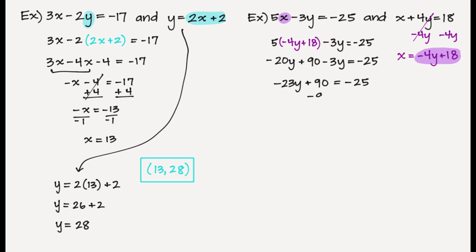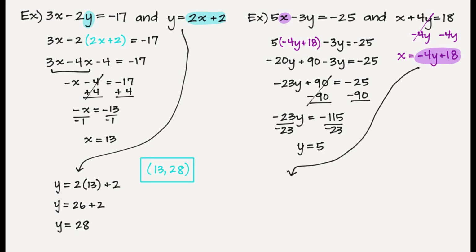I'm going to subtract 90 from both sides. And then I'm left with negative 23y is equal to negative 115. I divide both sides by negative 23, and we find our y value is equal to positive 5. So now I can use either equation to plug it in. I'm going to plug it into the second one.